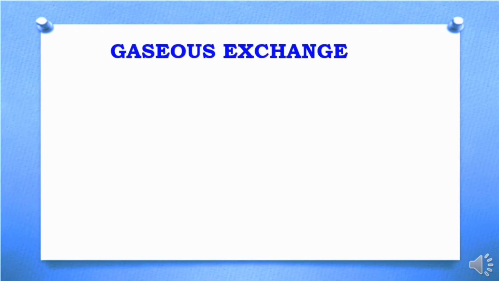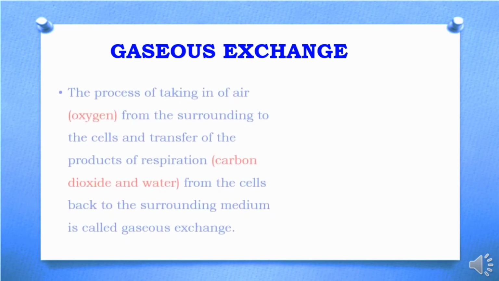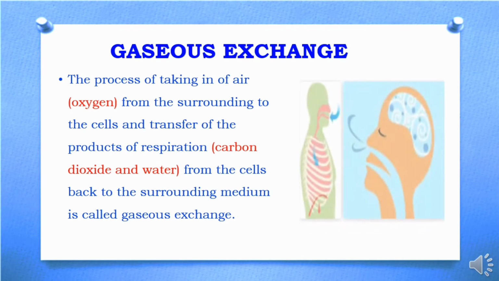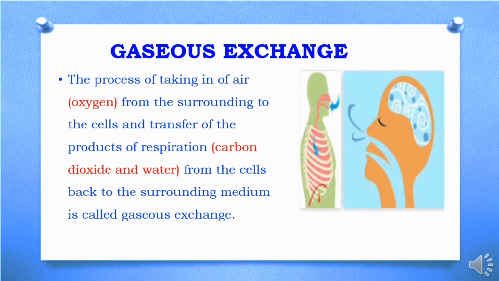The next term is gaseous exchange. As the name indicates, it's the exchange of gases between the surrounding and the living organisms. Or it's the process of taking enough air, which is mostly oxygen, from the surrounding to the cells, and the transfer of the products, which are carbon dioxide and water, from the cells back to the surrounding medium.